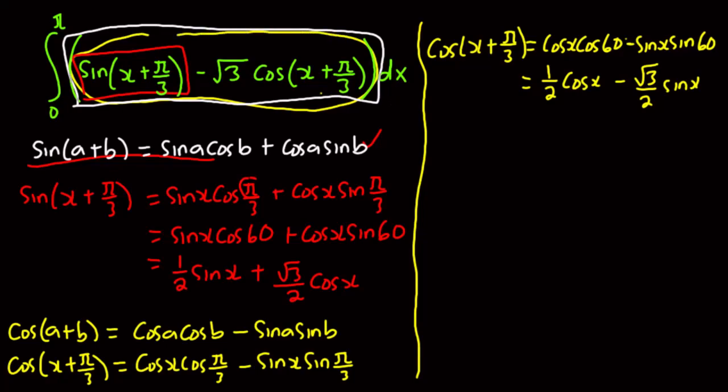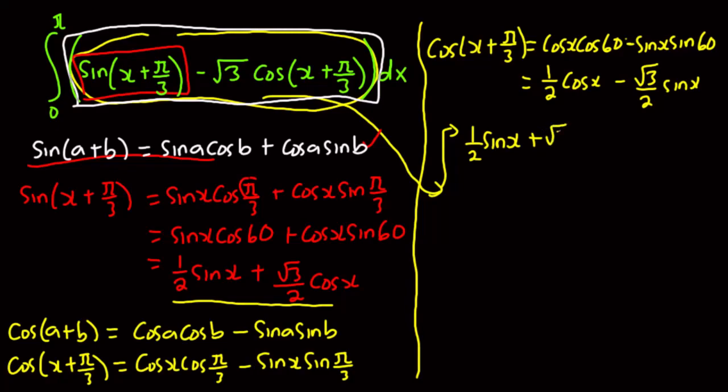So what that means is that this whole thing now gives me sine of x plus pi over 3, which is half sine x plus root 3 over 2 cos x, minus, there is root 3 here, so this is going to be minus root 3 multiplying the cos bracket.